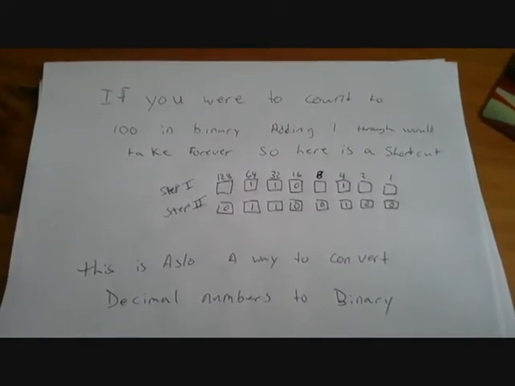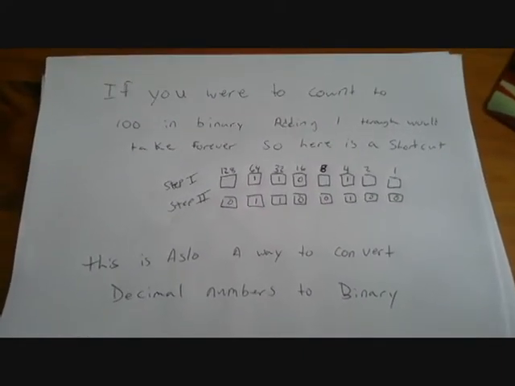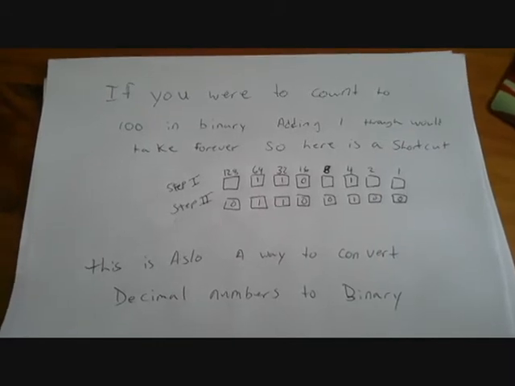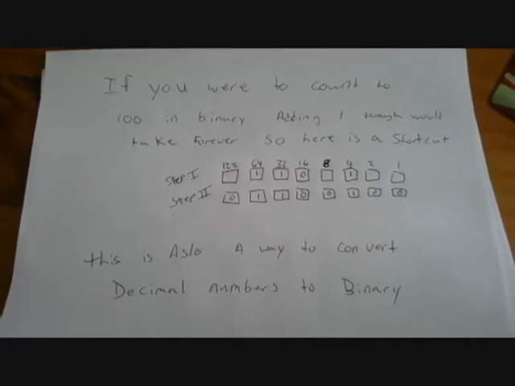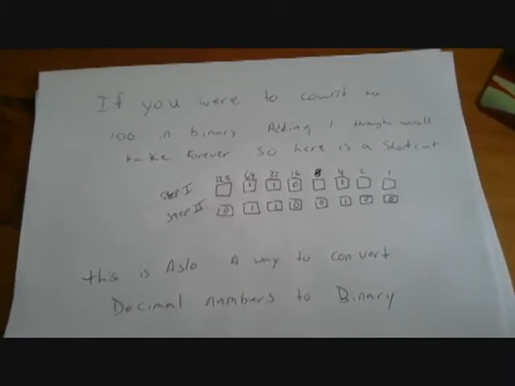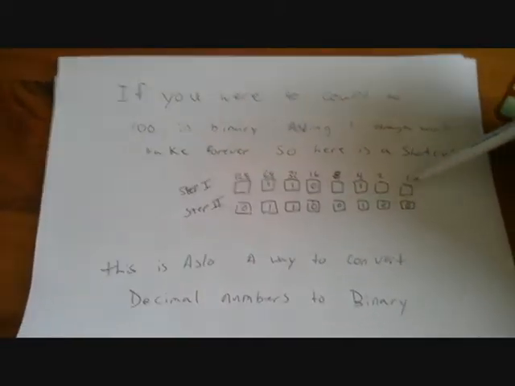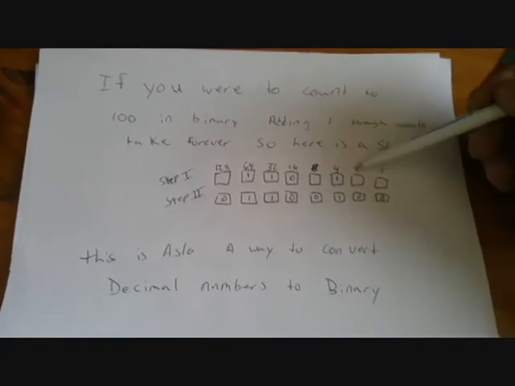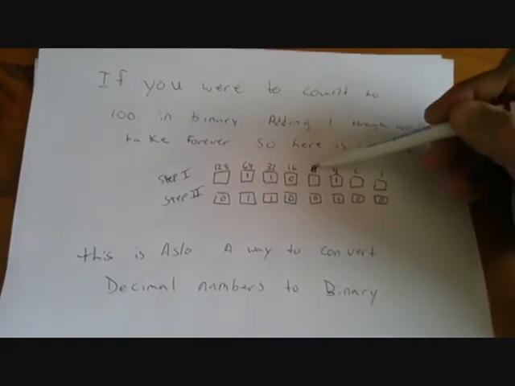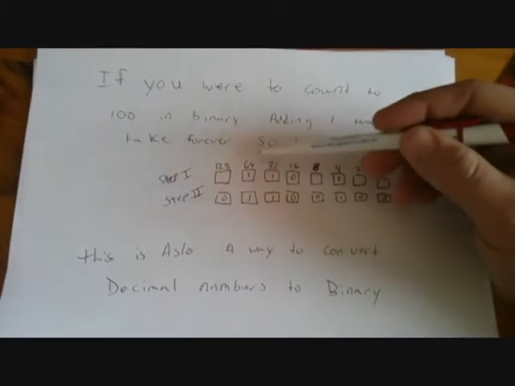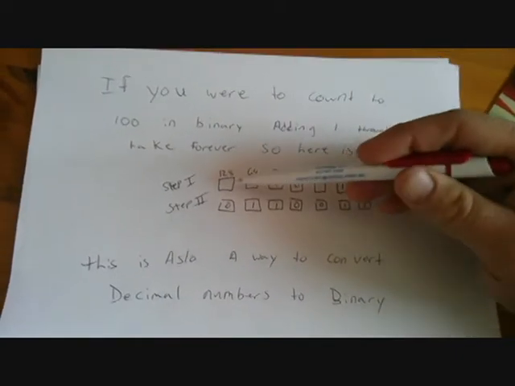If you were to count to 100 in binary, adding 1 through every column would take forever. So here's a little shortcut. First, I drew my place value system for binary: a ones column, a twos column, a fours column, an eights column, 16, 32, 64, and 128.